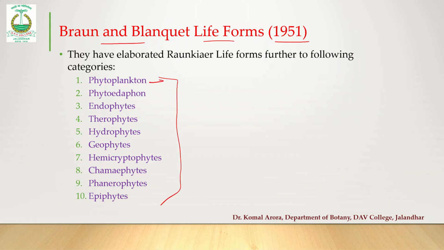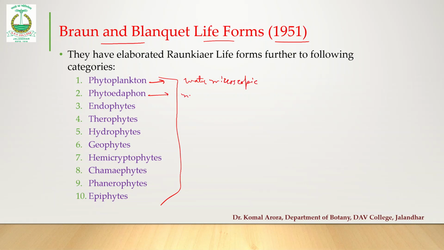Okay, phytoplanktons, you all know, microscopic plants. Then we have phytoedaphon. What are phytoedaphons? These are basically the plants in which the flora is microscopic, but it is in soil. See, planktons, they are in water. They are microscopic, but in water.